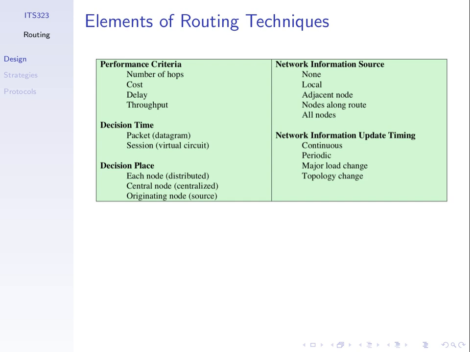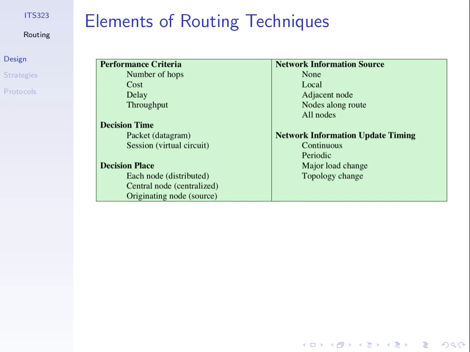But the more nodes we ask, the larger the overhead in collecting that information. So in the extreme case, ask all other nodes in the network. That's okay if there's 6 nodes, but if there are 100 nodes or 1,000 nodes, sending messages to 1,000 other nodes, and every one of those 1,000 nodes send messages to everyone else, that overhead can go up to be very high. It can be a problem.